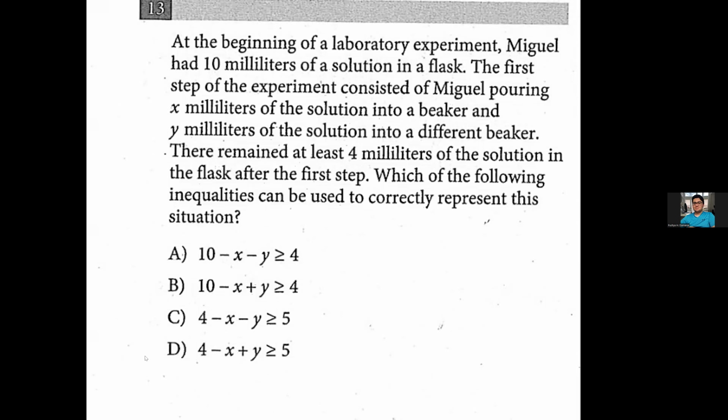Okay, so for question 13, you start with 10. You pour X millimeters into a beaker, so minus X, and then Y millimeters into a different beaker, so minus Y. There remains at least 4 millimeters in the flask, and at least means greater than or equal to 4 millimeters.